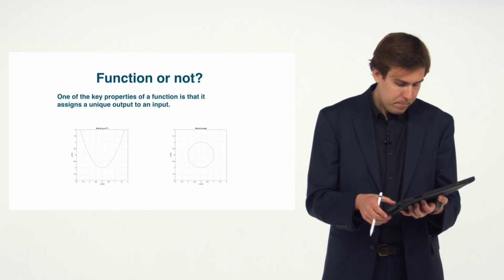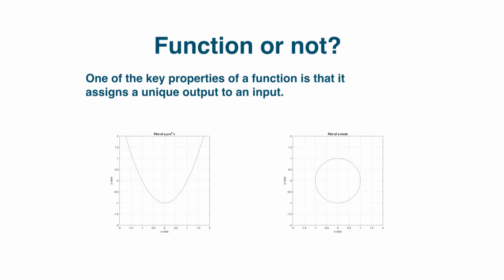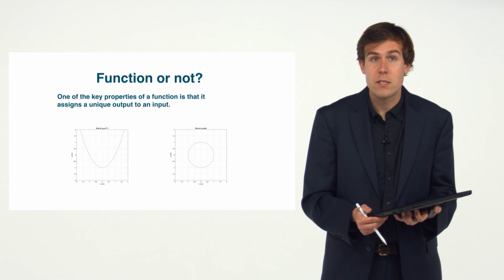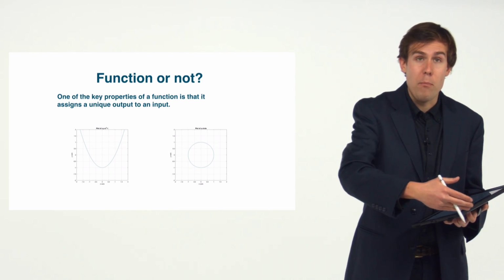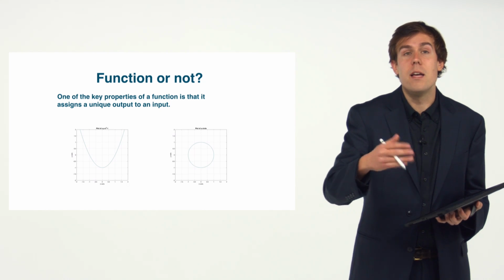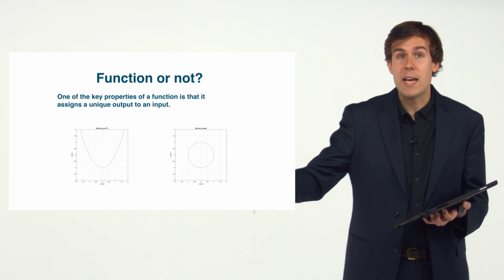So an important question is, given a geometric or pictorial representation of a relationship, does that define a function or not? And the question is, do I assign a unique output? Is each input assigned a unique output?